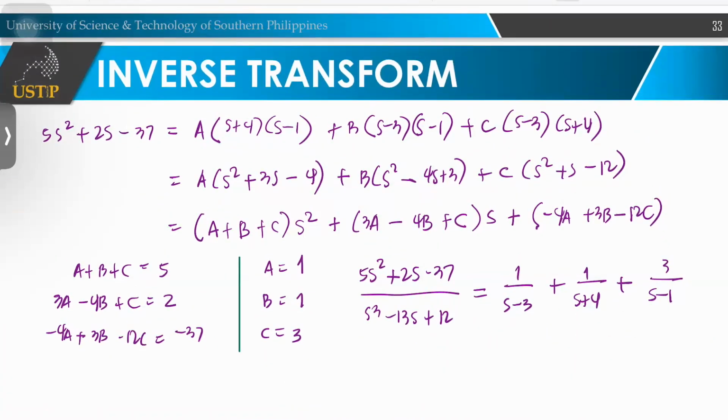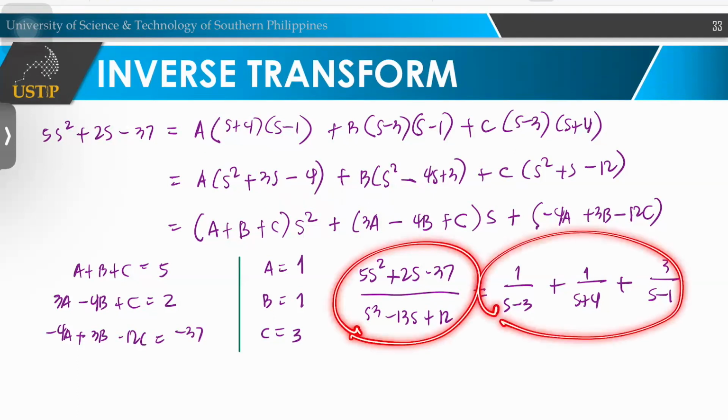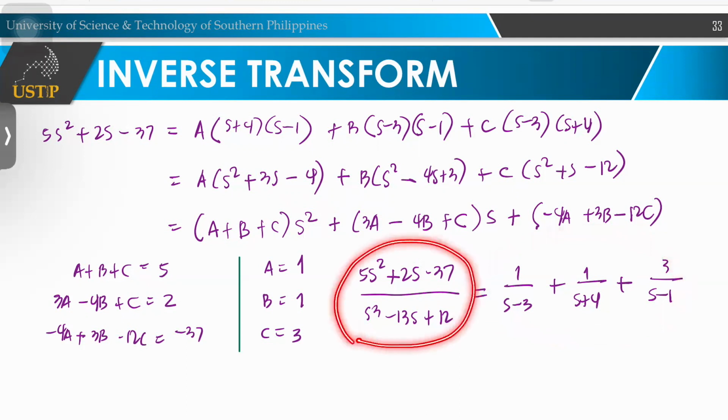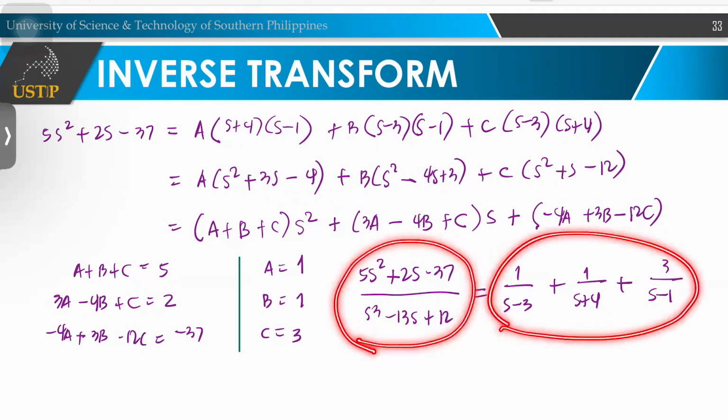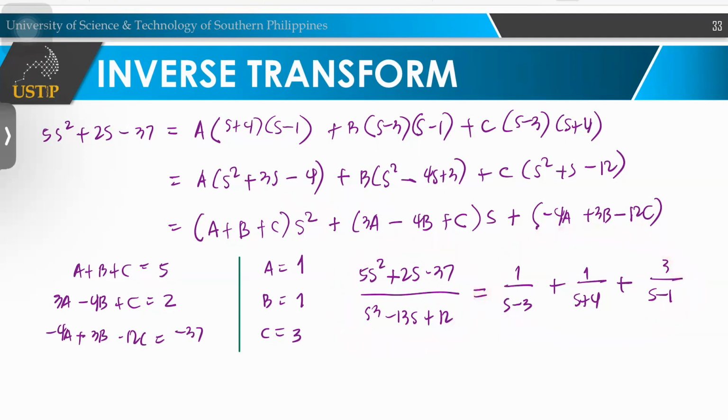F of s is just equal to this. That means to get the inverse Laplace transform of this, we can take the inverse Laplace transform of each term. So f of t is the inverse Laplace transform of 1 over s minus 3 plus 1 over s plus 4 plus 3 over s minus 1.